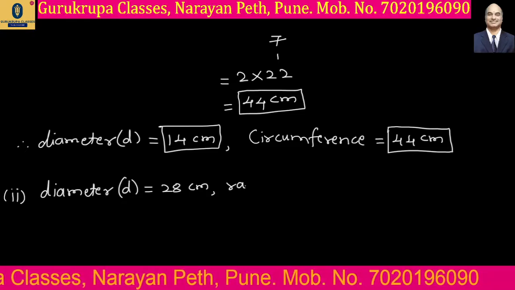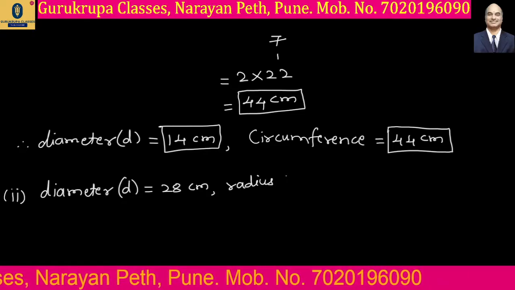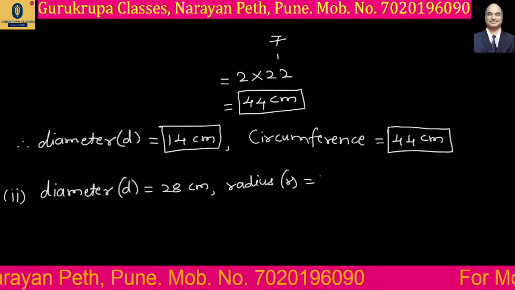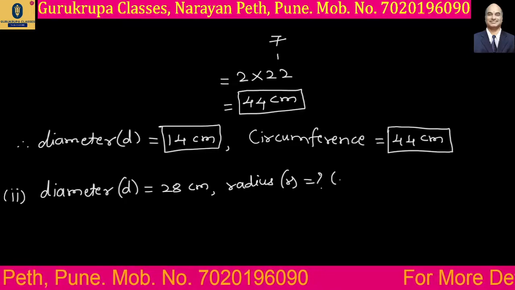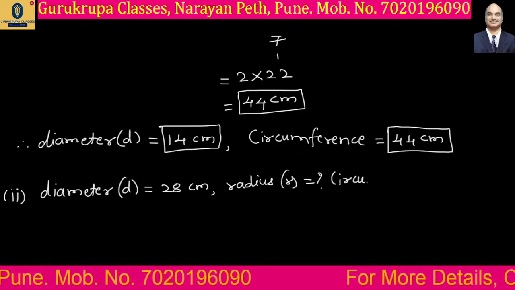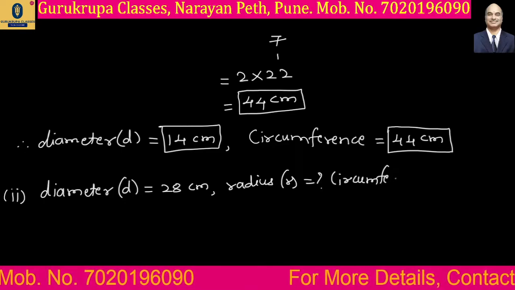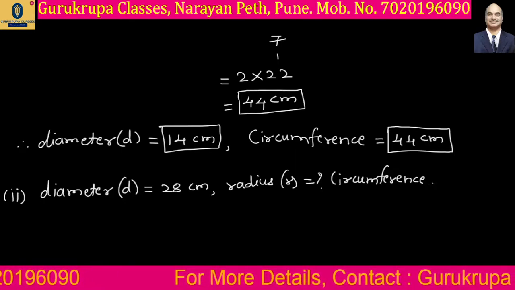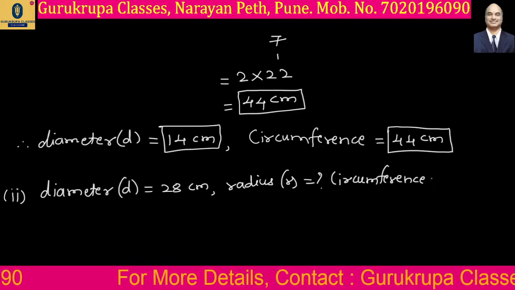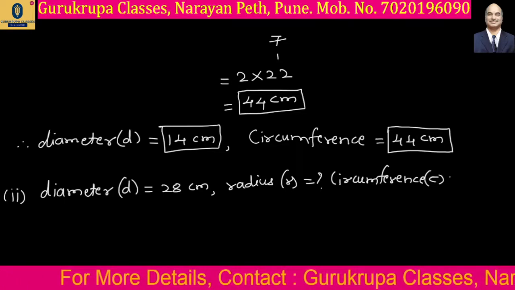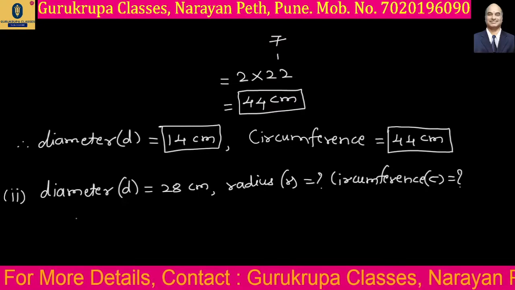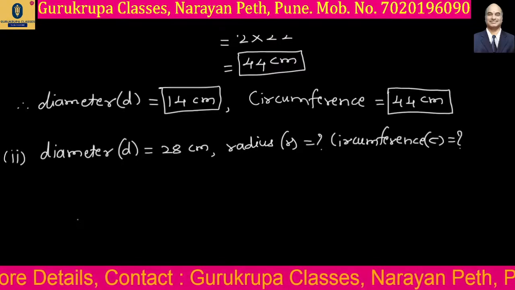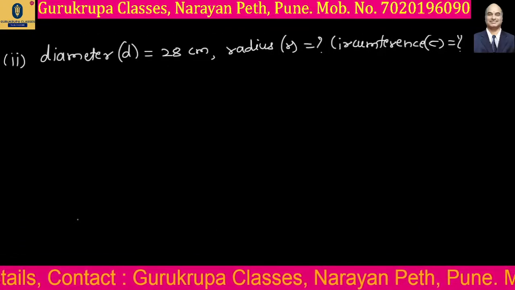We have to find the radius r and circumference C. These two things we have to find. Okay, we just carry out this sum and try to solve it.